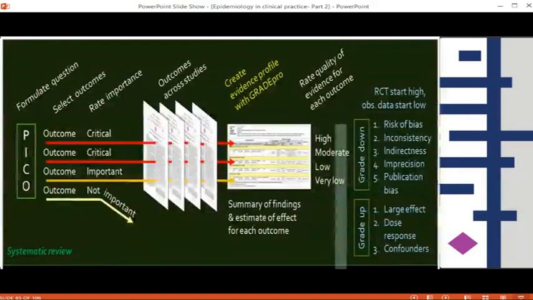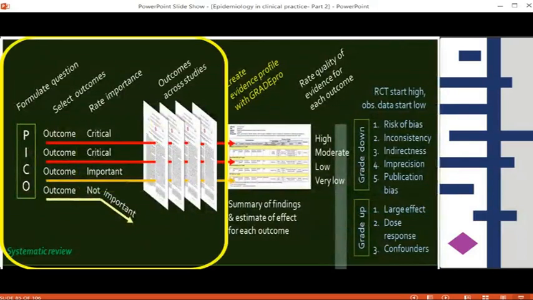So what happens is that in the review, for each critically important or important outcome, you create a summary of findings table based on the results of the meta-analysis. And basically the programs help you to do all this, but you have to make a decision about how confident you are in the results.